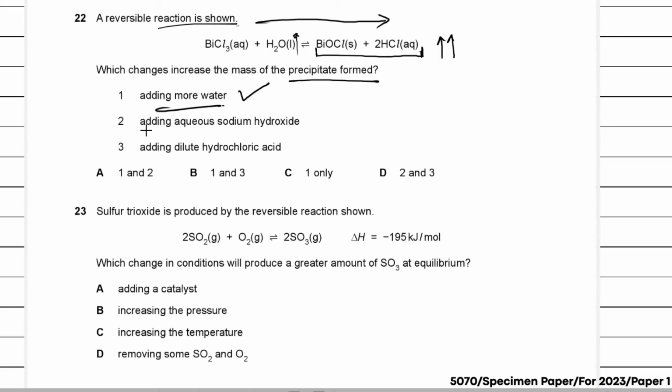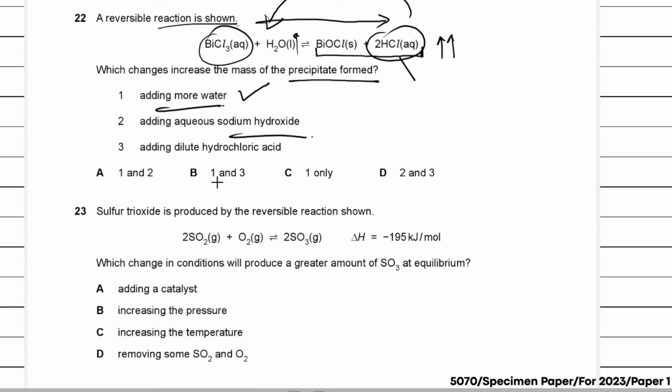For number 2, we have adding aqueous sodium hydroxide. We have a chloride and we have water, and we also have hydrochloric acid in the reaction. Now let's imagine this reaction is constantly happening. HCl is deliberately formed and then the whole equation is going back to forming salt and water, right?